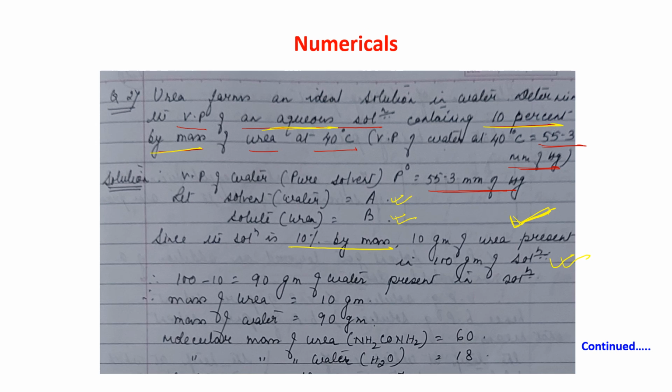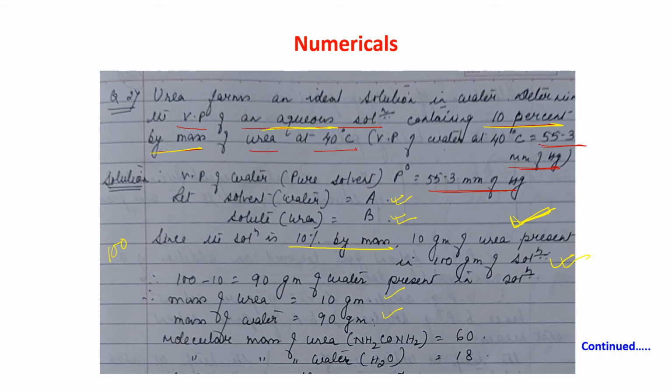So the percentage of water is 90. So it is 90 gram water present in the solution. If the solution is total 100, then 10% by mass of urea means 10 gram is urea and 90 gram is water. Okay, so mass of urea is 10 gram, mass of water is 90 gram.